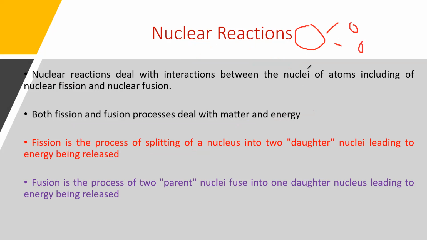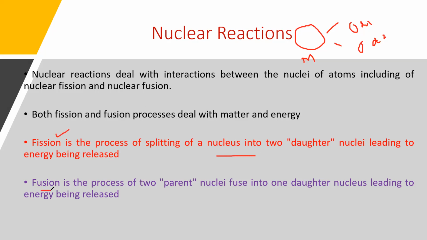If I consider this the mother, then the mother has two daughters, D1 and D2. It splits into different atoms, so the splitting of a nucleus into daughter elements is the process of fission.